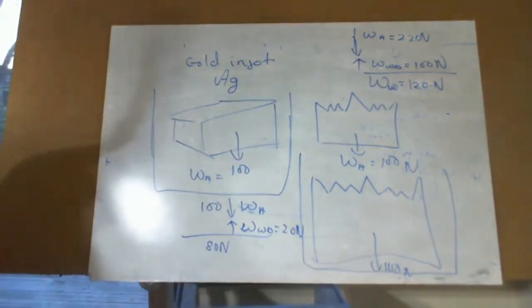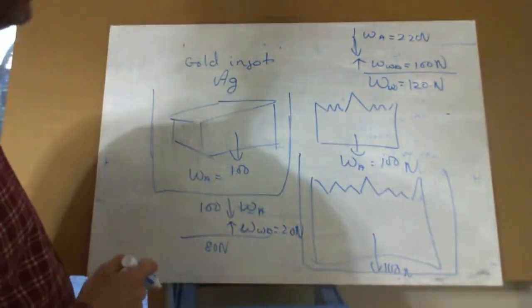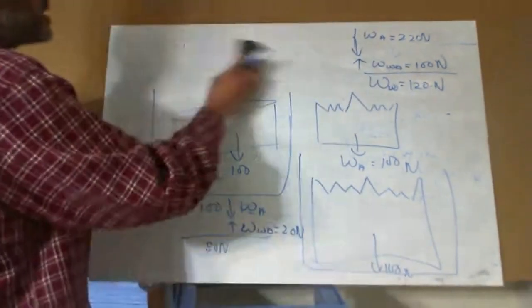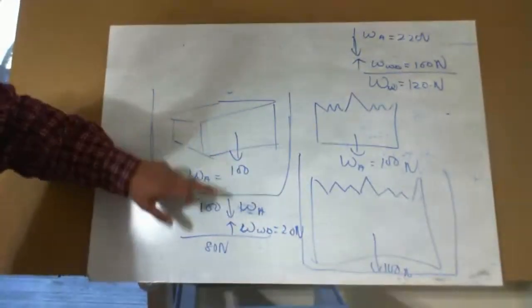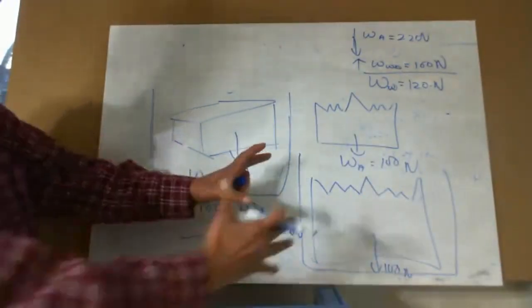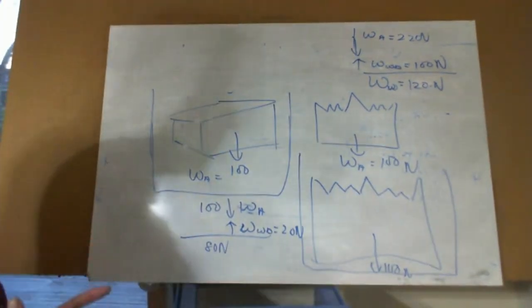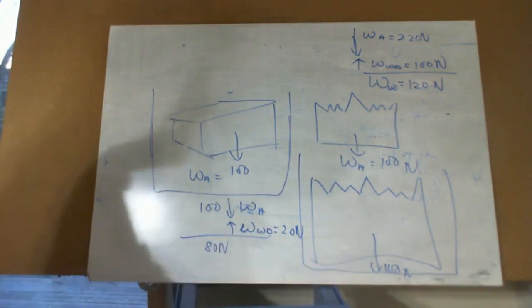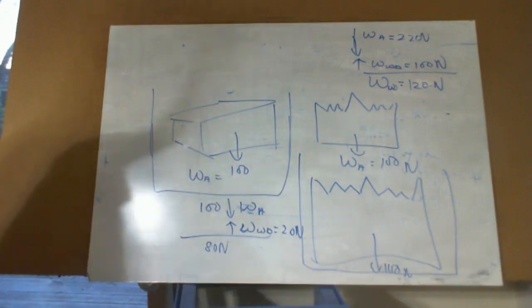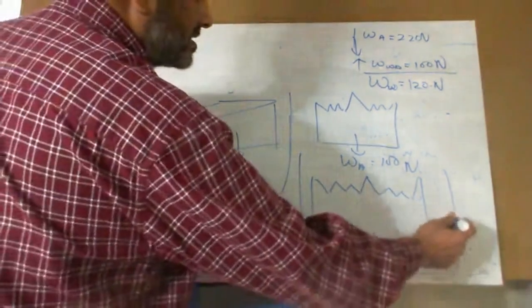The weight in water. What if you take this aluminum crown and put it in water? Now, to get the same weight, 100 newtons, you would need a lot bigger piece of aluminum. And hence it will push aside a lot more water. Bigger aluminum means, I'm talking of volume. So what would that be? Let's say it is 40 newtons.